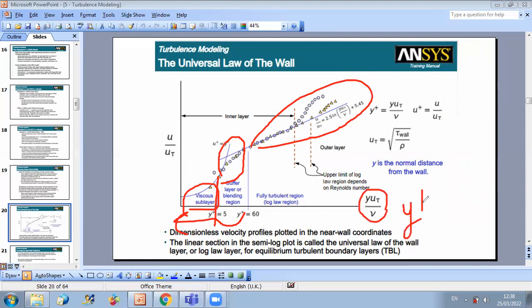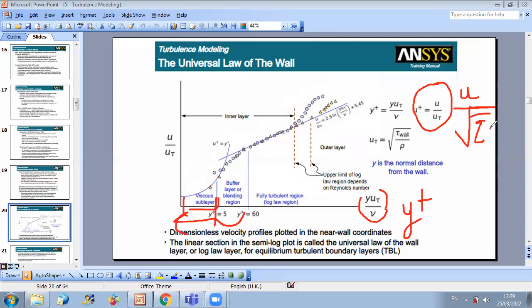And the second group. Here you can demonstrate that you have two main groups. The first group is y plus, and the second group is u plus, where u plus is the velocity of the flow over radical of tau over rho.